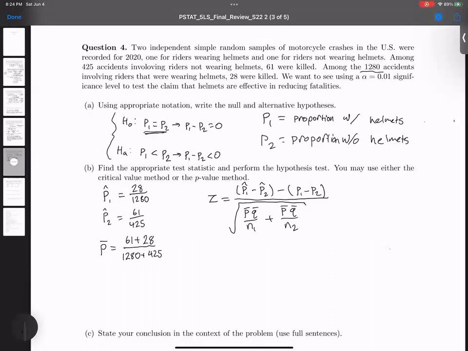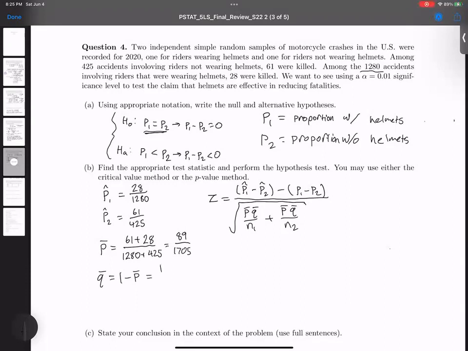If we actually compute this, 89 over 1705. And that means that Q bar is equal to 1 minus P bar. And 1705 minus 89 is 1616 over 1705.